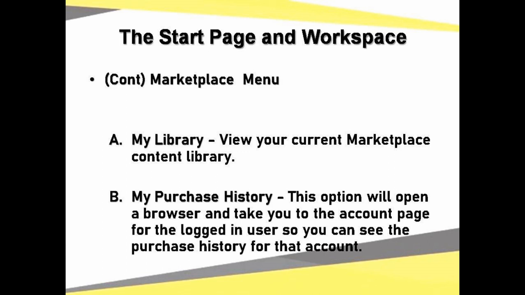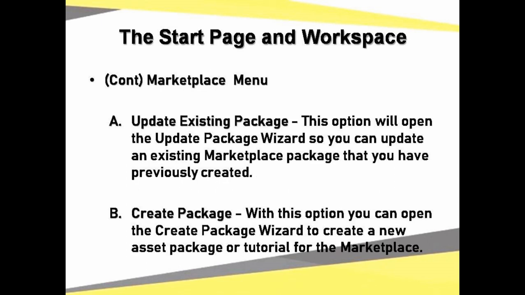Purchase history, like certain transactions that happened on the Yoyo page or the marketplace page, where it would give you detailed information on who provided these assets, what it cost, and so on and so on. So that is what we will see along with the purchase history. Here we can also have the capability to update an existing package.